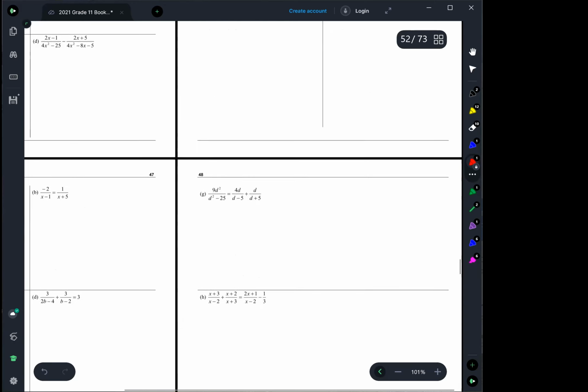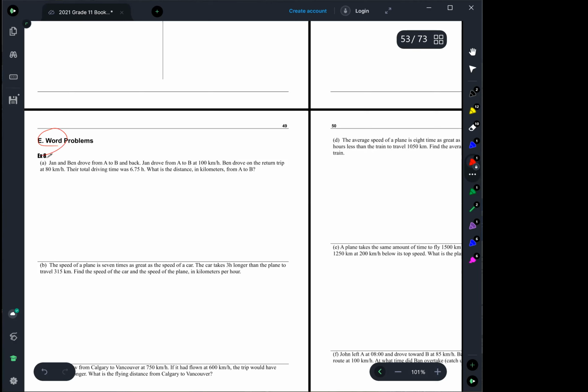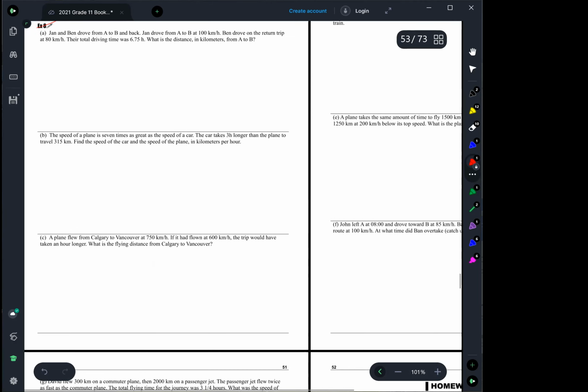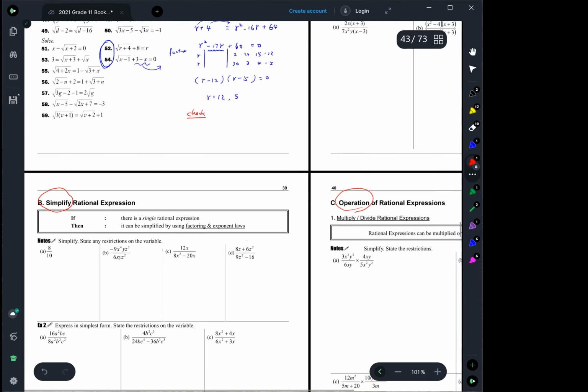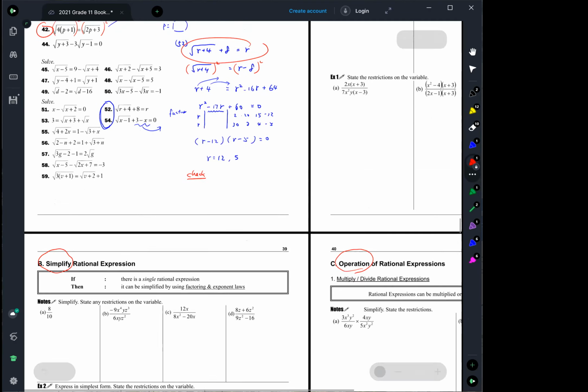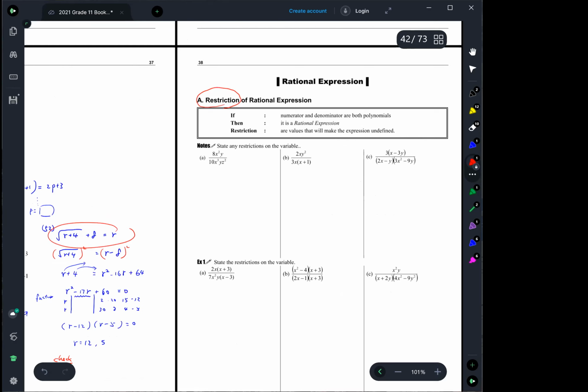And once you know how to solve for the unknowns, we have word problems to apply to. So that's our general outline for this topic. Today we will just focus on restrictions and how to simplify. Maybe do a little bit of multiplying, if we can get there. So let's get started.